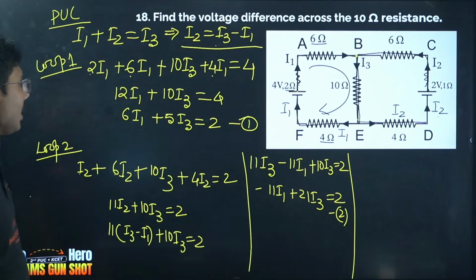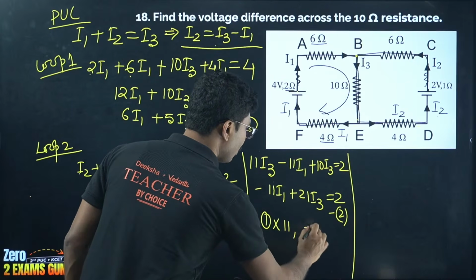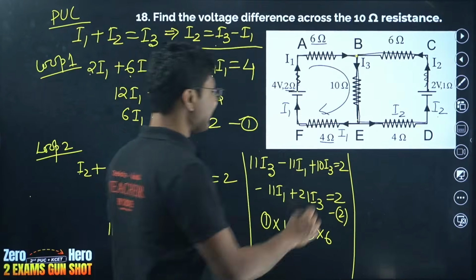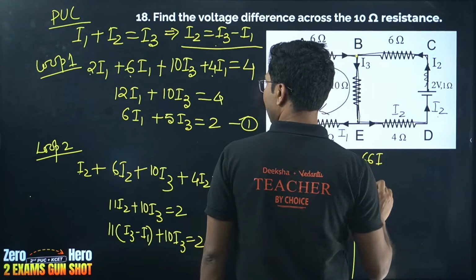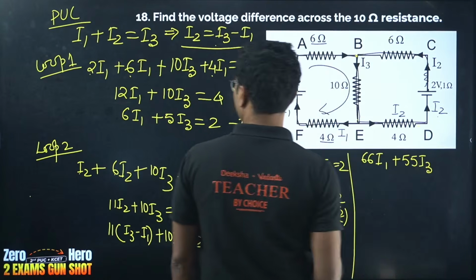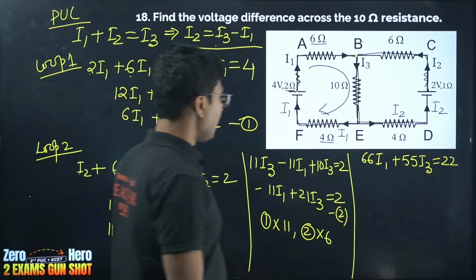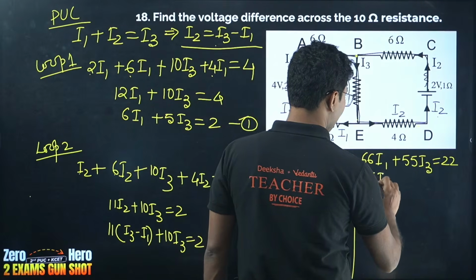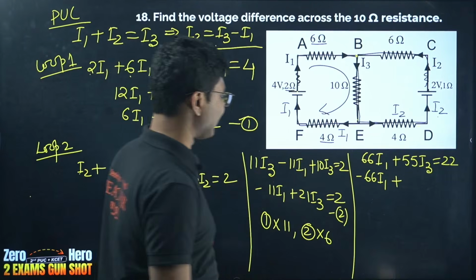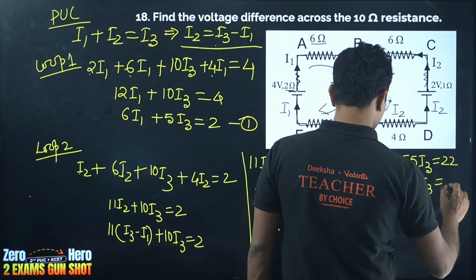Basically, the method of elimination. Multiply equation number 1 with 11 and equation number 2 with 6 and add them. If you multiply 11 to this, you will get 66 I1 plus 55 I3 equals 22, and here you will get minus 66 I1 plus 21 into 6, 126 I3 equals 12.